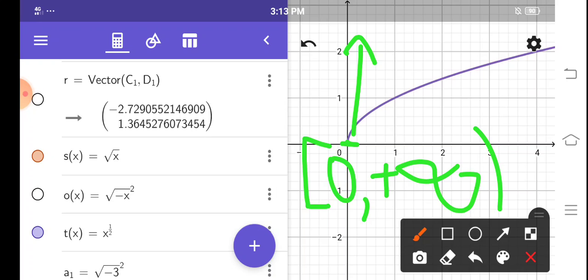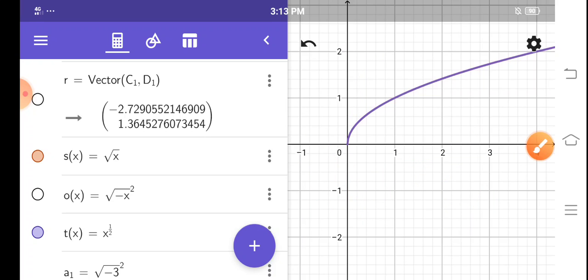So actually our domain and our range are the same. Let us recall that domain is the value of x and range is the value of y. So in this case, our graph shows that our domain is from 0 to positive infinity and our range is from 0 to positive infinity. Okay, let us go back.